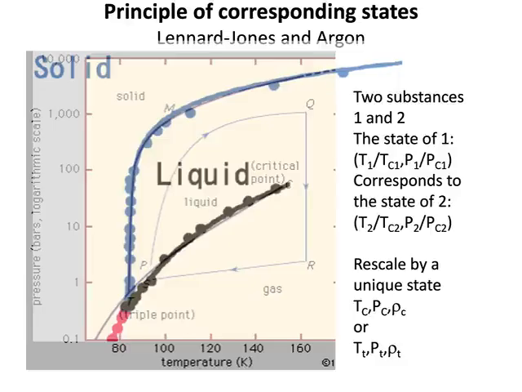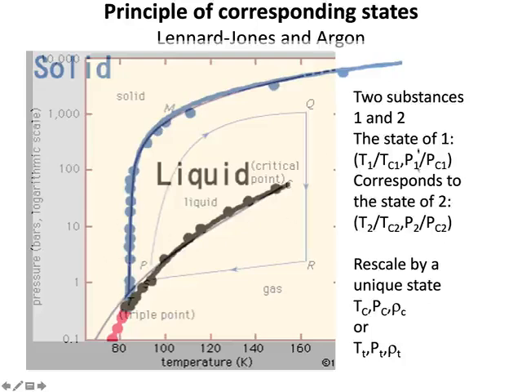And this is actually something much more generic. It's called the principle of corresponding states. It means that if you've got two substances, 1 and 2, say Lennard-Jones and argon, then you can take any state, any temperature of argon, for example, and you divide the temperatures by the critical temperature, and you divide the pressures by the critical pressure. And you do the same for the state of the other substance.